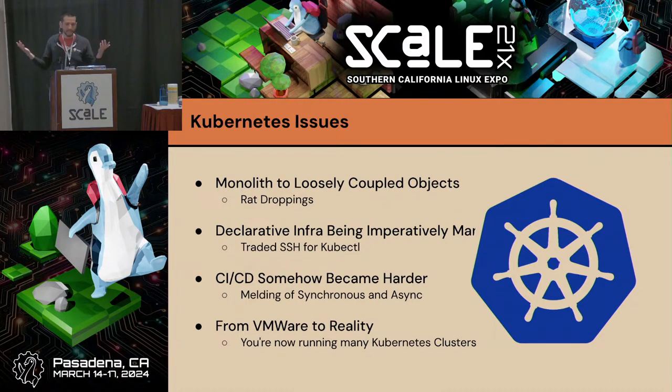And actually now CI/CD became harder with Kubernetes. Instead of making our lives easier, it made it a little harder because now we're trying to meld synchronous tasks and asynchronous tasks together, right? The asynchronous nature of Kubernetes, eventual consistency, but you have a CI/CD process that needs to wait for things.